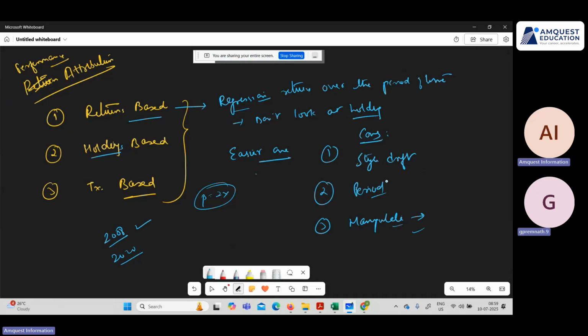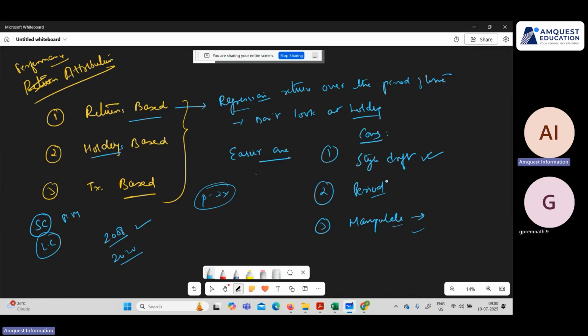Another problem is style drift. When I say style drift, maybe the portfolio manager's style is small cap. When he was hired, he said that his expertise is in small caps. But he talked to someone who said small cap is going to underperform, so invest in large cap, and he blindly invested in large cap.